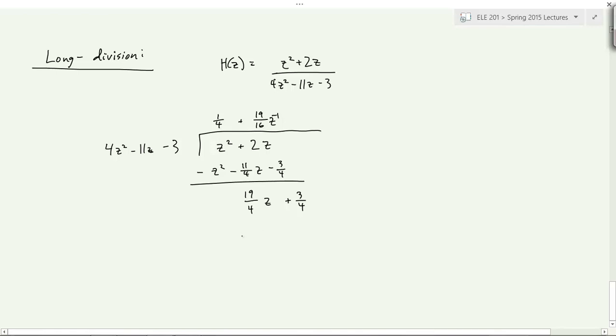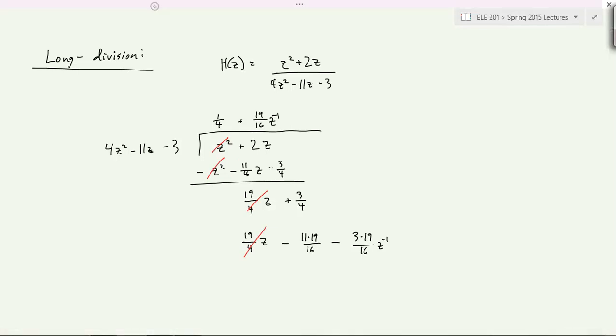That's the idea of long division, right? So I'm going to get my 19/4 z here, but I'm going to get other terms as well. In particular, minus 11 times 19 over 16, and another term, 3 times 19 over 16 z negative 1. These cancel on that step, and I would keep going. The reason I would have to keep going, and never end, is that it's actually an infinite impulse response.